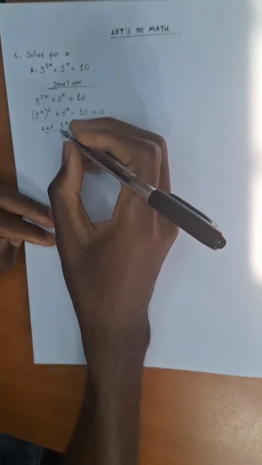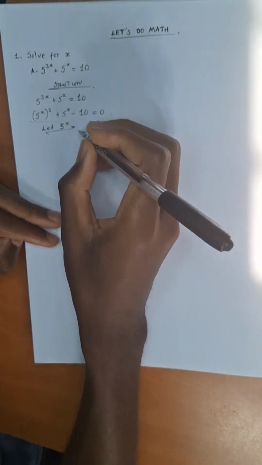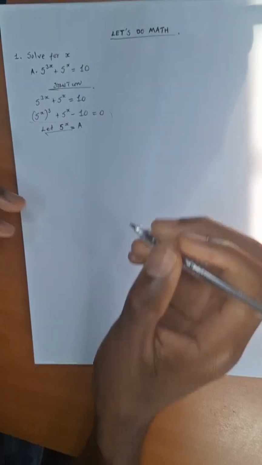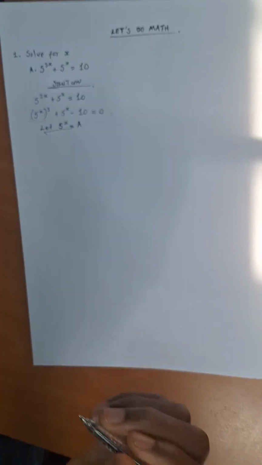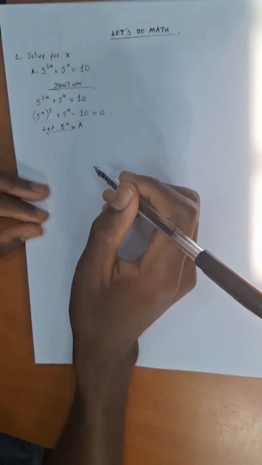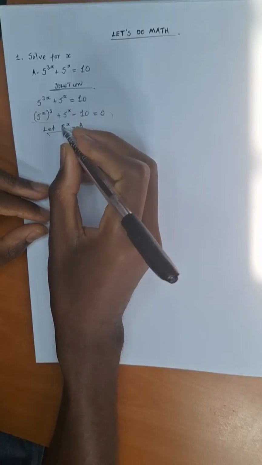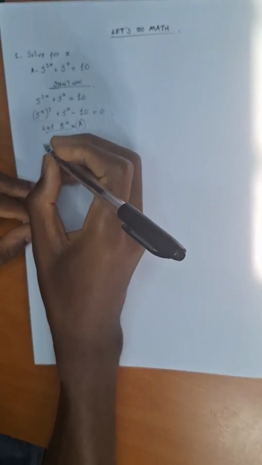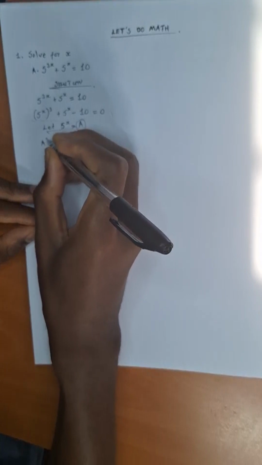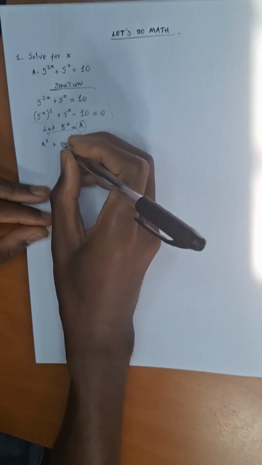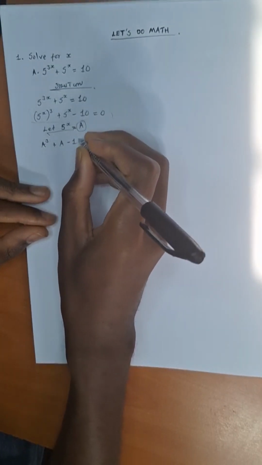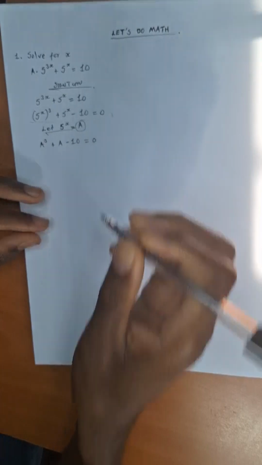So, in this case, 5 power x will be a. Since my name is Alex, anyway, just kidding. Where there's 5 power x, we are going to put a. So, a power 3 plus a minus 10 is equal to 0.